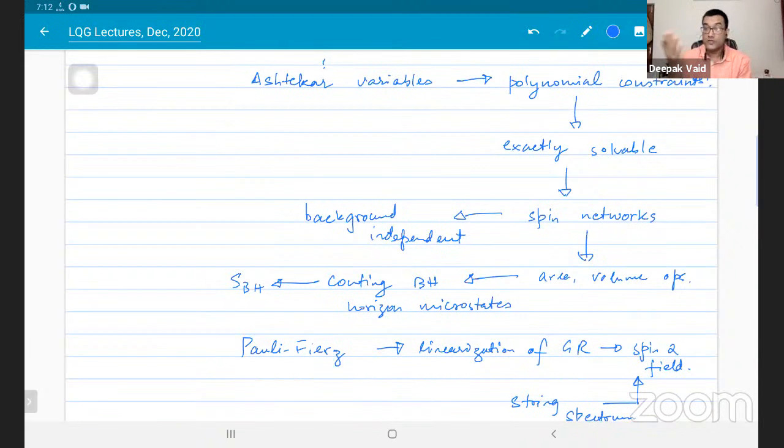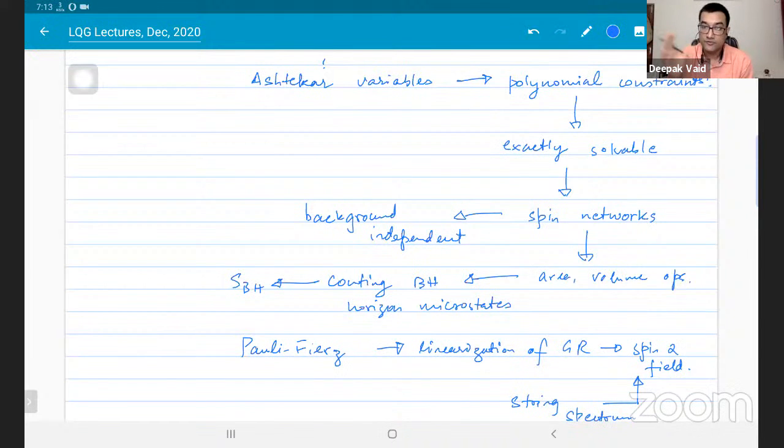But there are problems with loop quantum gravity, which is that we don't have a complete handle on how to get a proper classical geometry. So we do get geometry from spin networks, but it doesn't necessarily correspond to a macroscopic space-time with some nice properties.